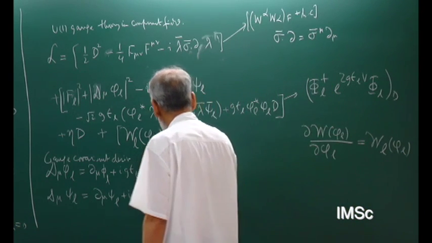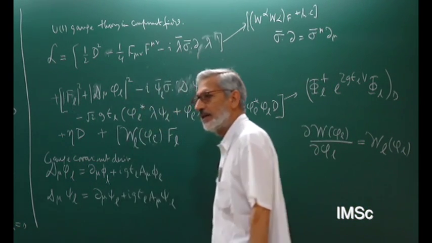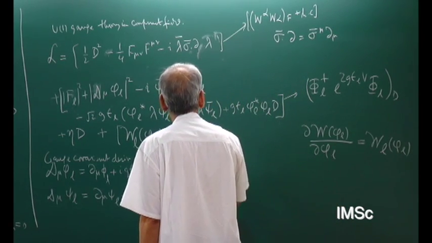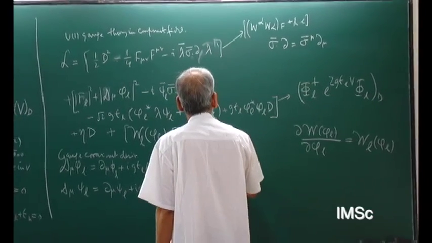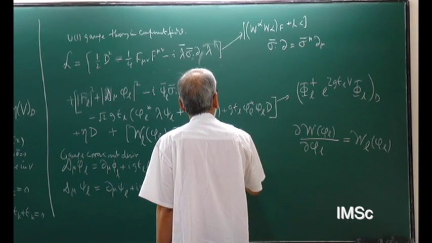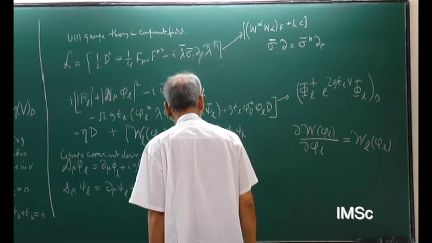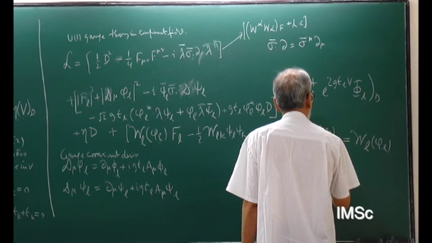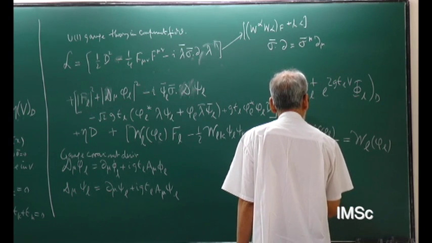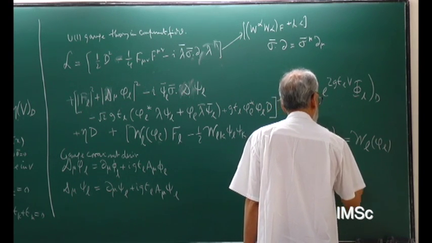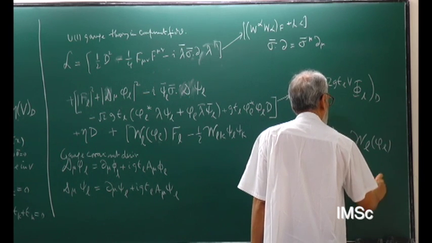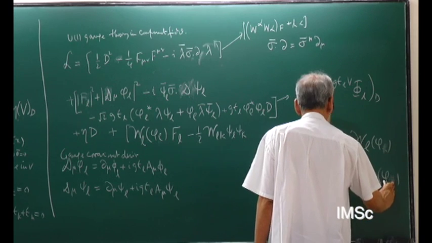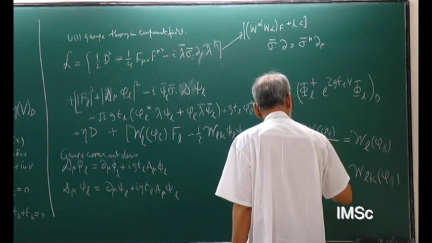That is this times the auxiliary field F_L of that supermultiplet, minus half W_LK psi_L psi_K, where the second derivative of the superpotential with respect to scalar fields phi_L and phi_K is what we call W_LK of phi.